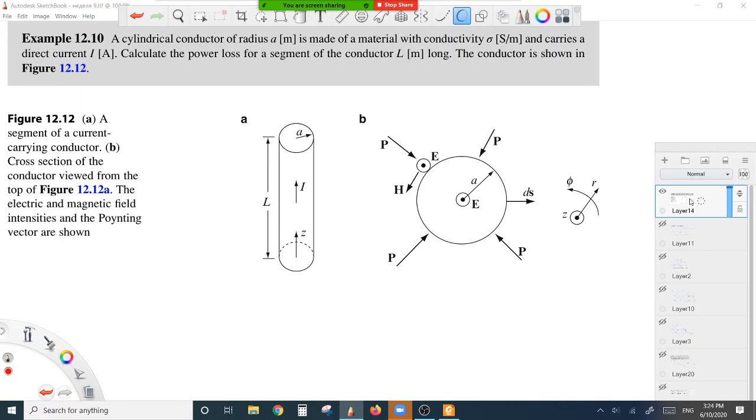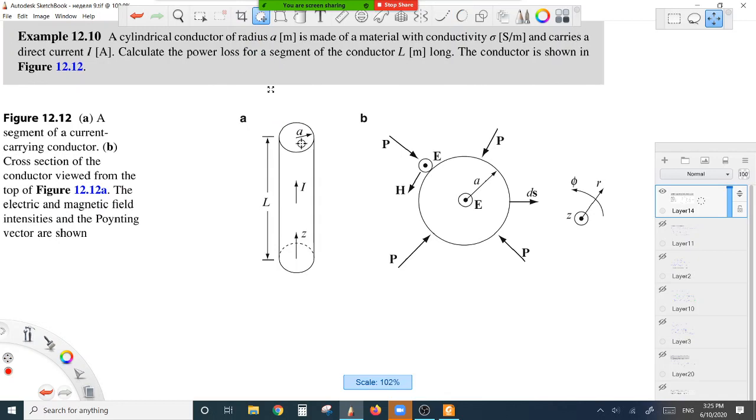However, we will use Poynting's theorem, using the receiver case, to calculate the losses and gain some insight into the loss process.